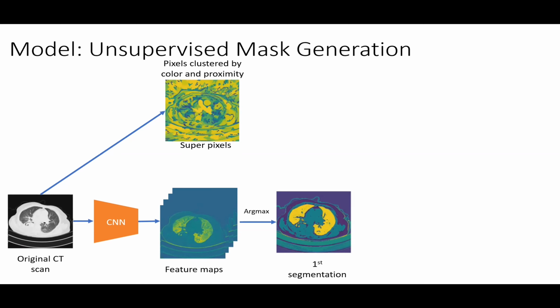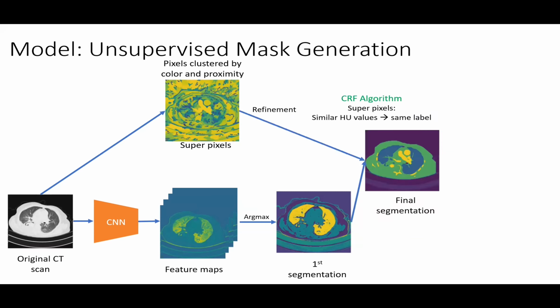It's going to put together pixels to create some objects so that, for example, this little circle that we're seeing here is not assigned to two different labels, because the pixels are close together and they're in the same density color. So it's creating clusters and telling which pixels should stay together in the same label. When you combine that with the first segmentation, we get our final segmentation.